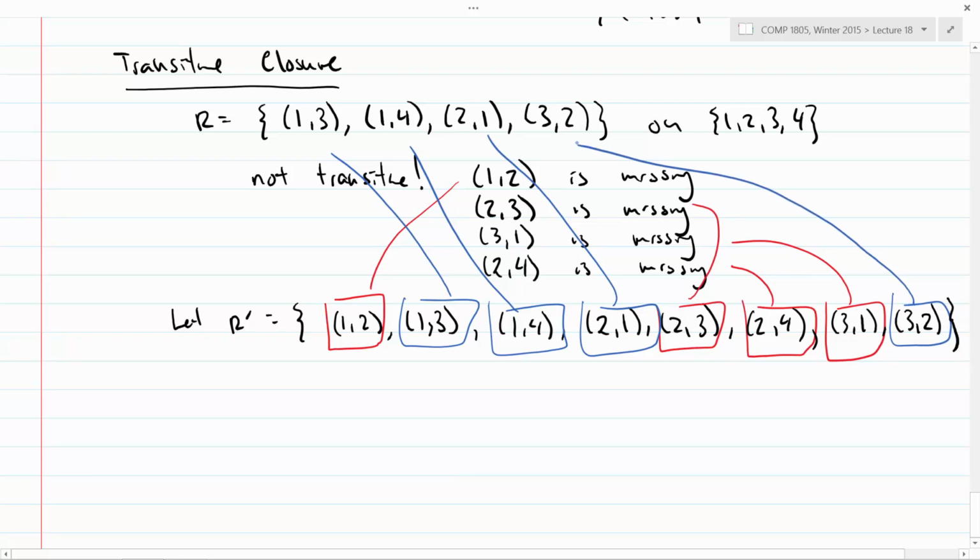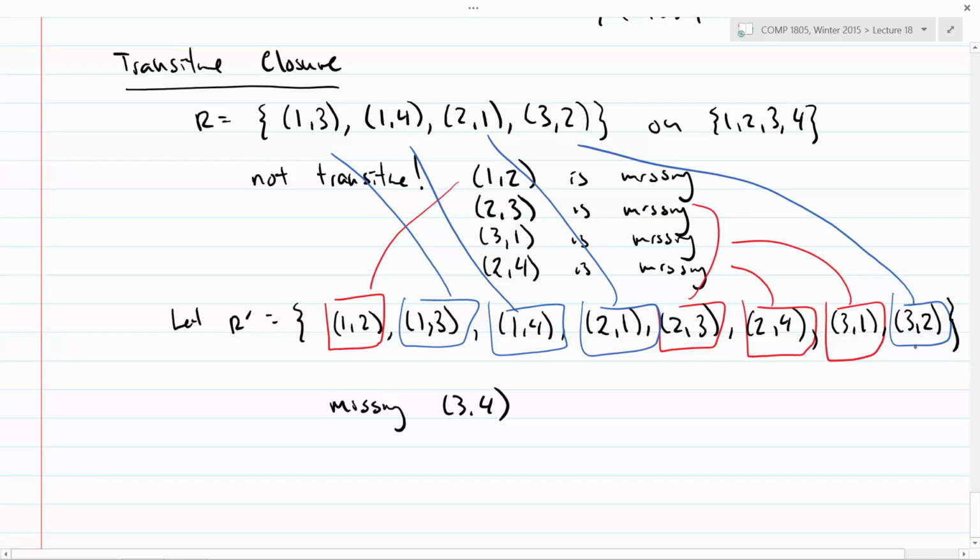All right. So at this point, we would kind of hope that maybe this thing is transitive, because we added in all of the things that were missing. So is this thing transitive? Yeah? Right. This thing does not have 3, 4, but it needs 3, 4. So why does it need 3, 4?